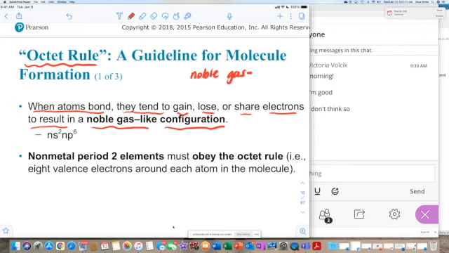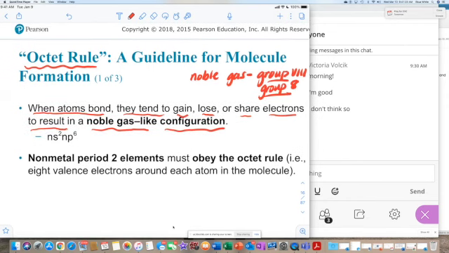That family or group of elements. This is group 8. So why are elements trying to be like group 8? Group 8 elements tend to be stable and they have lower energy because they're stable.